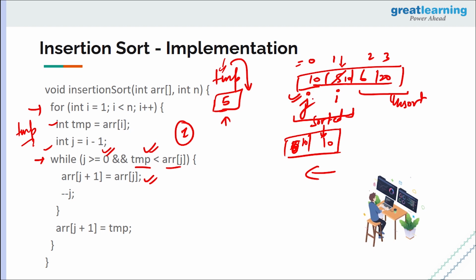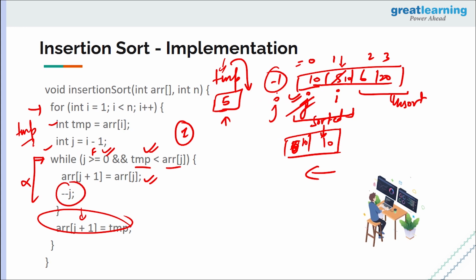And now what we are doing, we are decrementing the j, and now j will be pointing to -1. But now that there is no such element in here, so this condition will not hold, and this should be false, right? And now we'll be out of this while loop. Now in the final step, we are changing this j plus 1 element, which, after decrementing, is -1. Now we are incrementing it again.